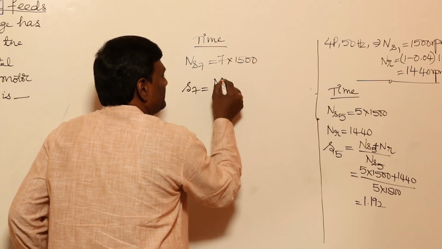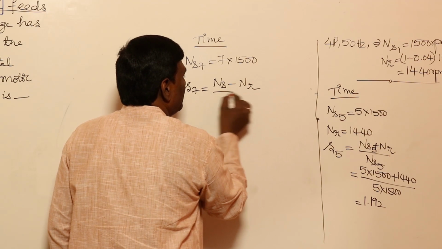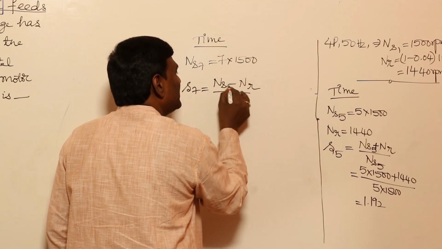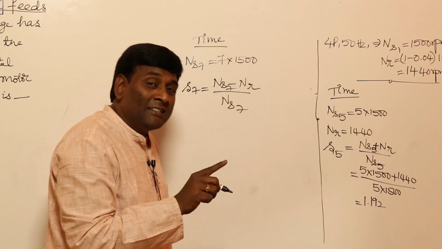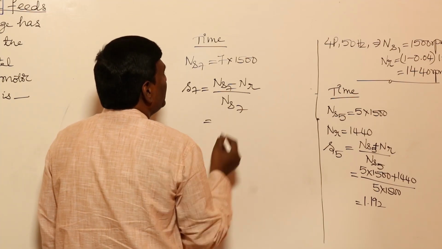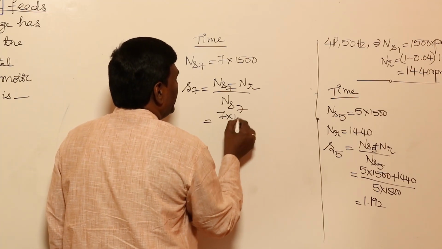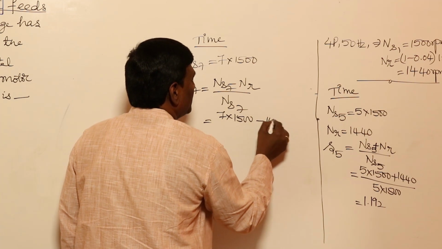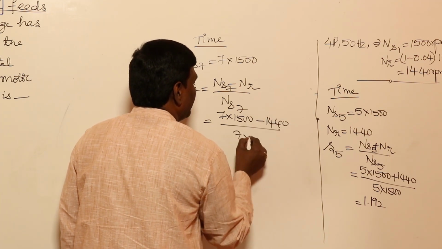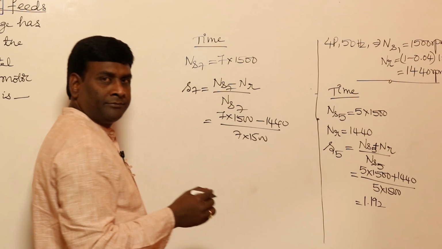So this is going to be ns minus nr by ns for the seventh harmonic. The rotor speed, as it is a physical object, will be the same. So the answer is ns7 as 7 into 1500, minus 1440, divided by 7 into 1500.